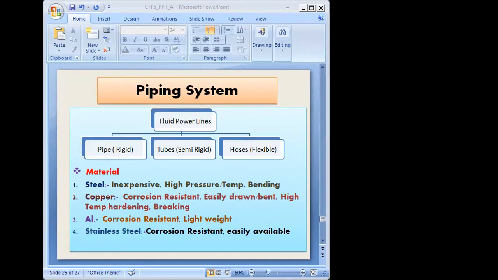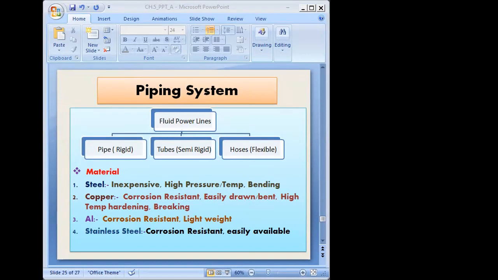For example, heavy duty pipe might be used for a large stationary fluid power system, but comparatively lightweight tubing must be used in aircraft. And light duty you can use for the missile system also, because weight and space are critical factors for that application. So that point also we need to consider.